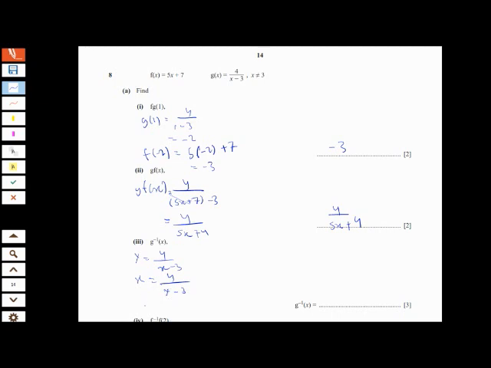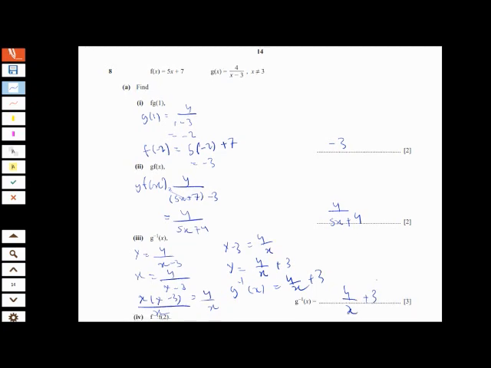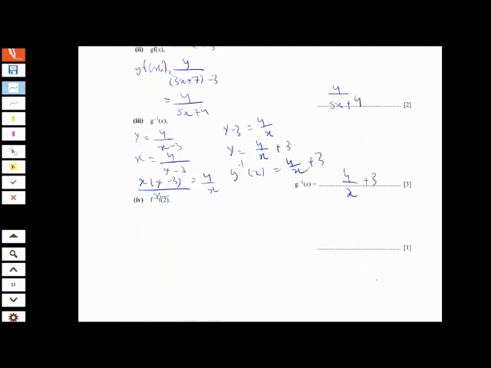I basically multiply all by y minus 3, which is equal to 4 over x, and you will get y minus 3 equals 4 over x, and then take 3 to the other side, it would equal 4 over x plus 3. So g inverse of x equals 4 over x plus 3. I think that's easy enough.